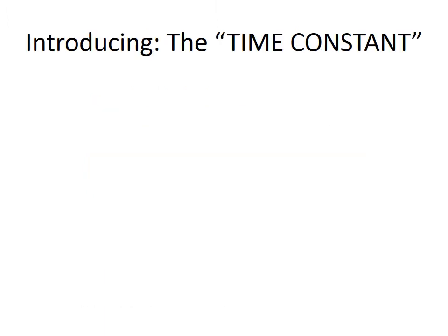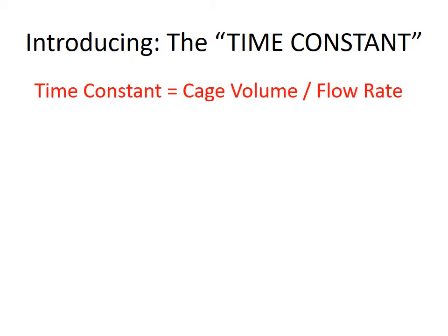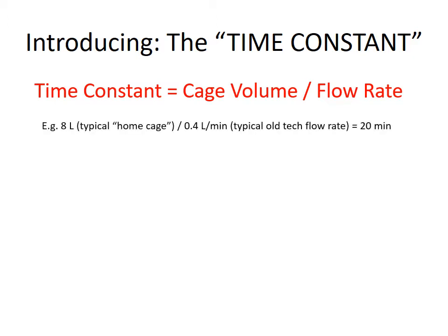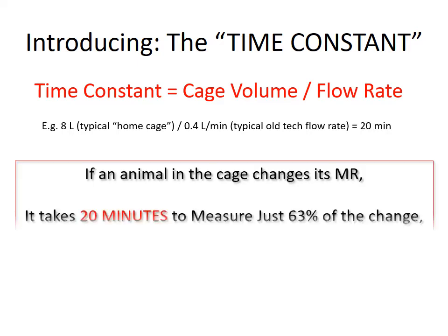As a consequence, we have to deal with something called the time constant of the cage. Now let me introduce that to you. The time constant is the volume of the cage divided by the rate of flow being pushed or pulled through the cage. Typical example here, about 8 liters STP is the internal volume of a typical home cage for mice. 0.4 liters per minute, typical legacy flow rate, giving you a time constant of 8 over 0.4, or 20 minutes.